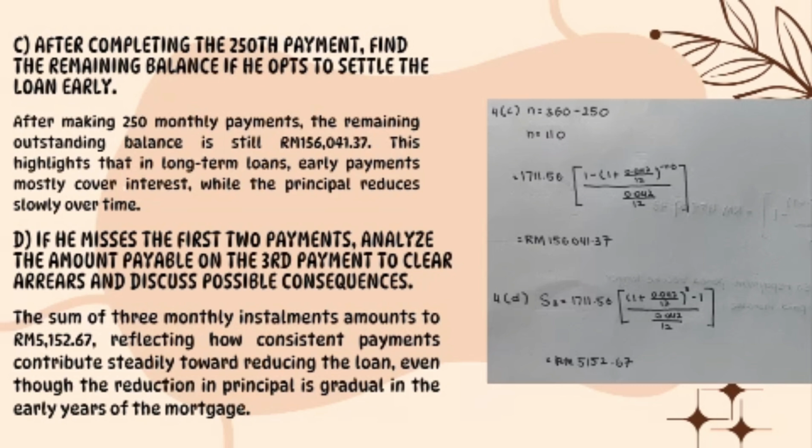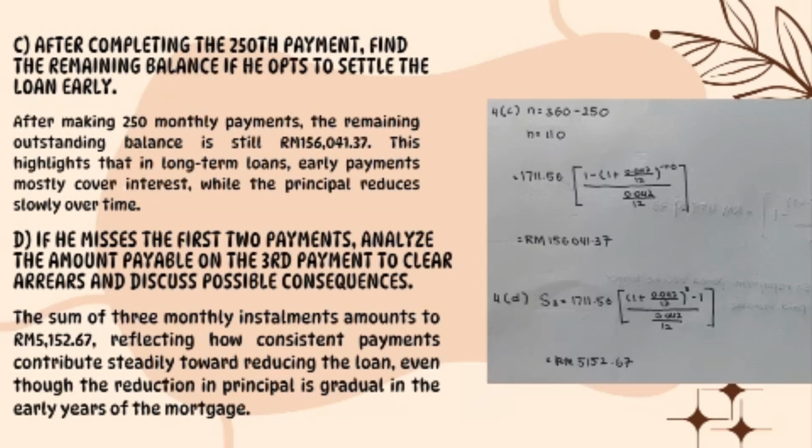And the solution is 1,711 ringgit and 56 cents, curly bracket 1 minus bracket 1 plus 0.042 over 12, bracket power of negative 110, and then over 0.042 over 12, and then curly bracket and we press in the calculator, you get 156,041 ringgit and 37 cents.